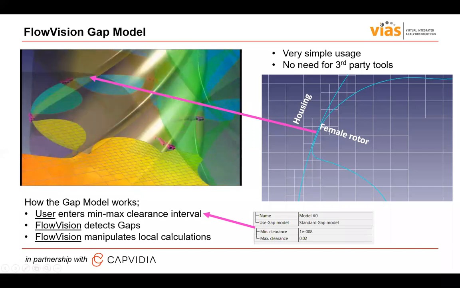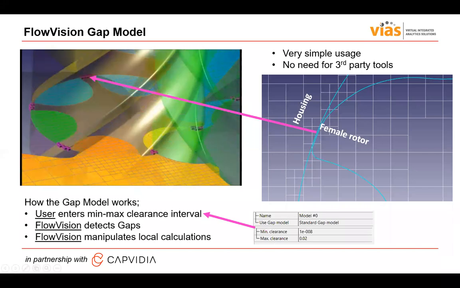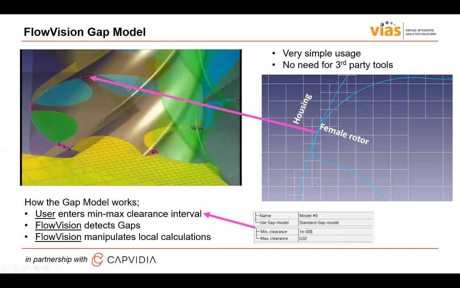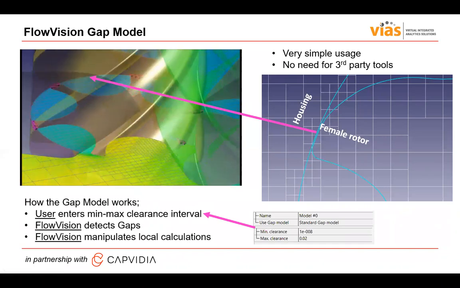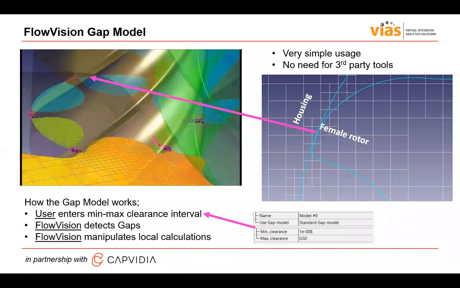So how does this work? You see some screenshots from the interface. As a user, all you need to do is activate the gap model and define the minimum and maximum clearances which you want FlowVision to address as a gap. Then FlowVision detects those, which can change transiently, and manipulates the local calculations there.